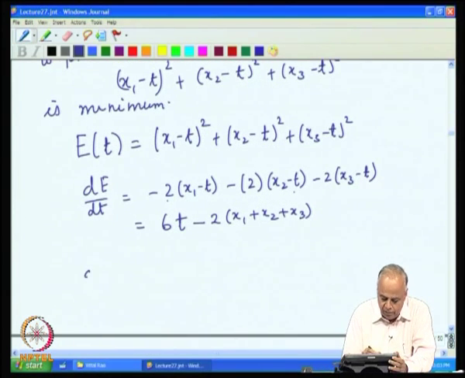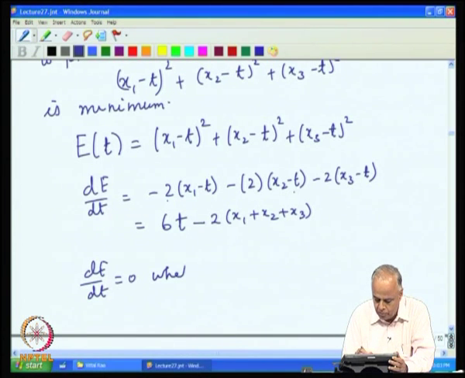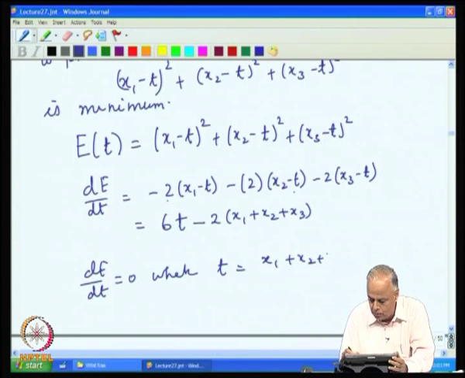Therefore, the derivative is 0 when t = (x1 + x2 + x3)/3.